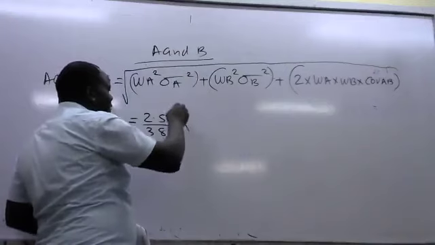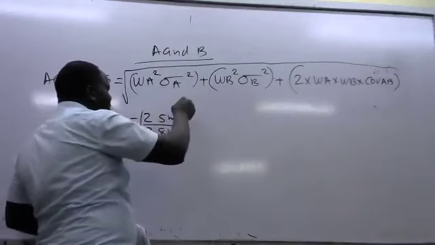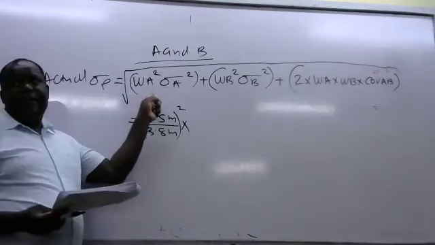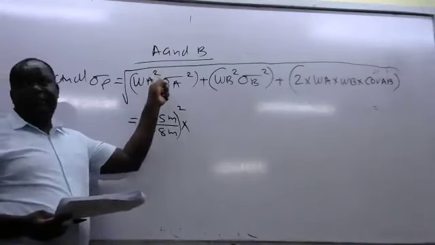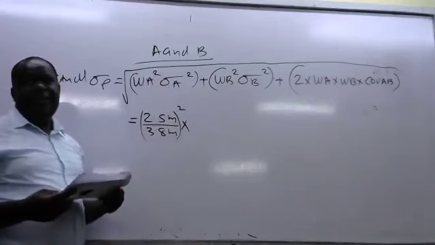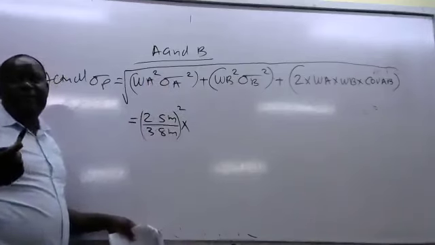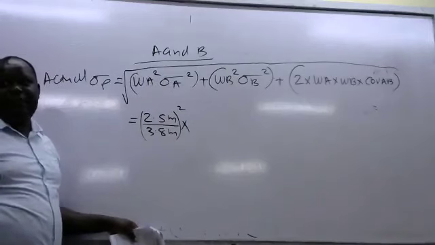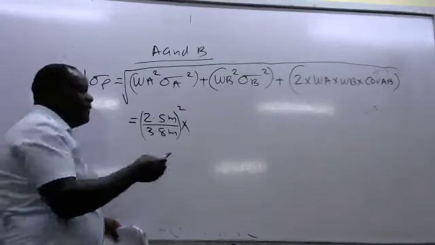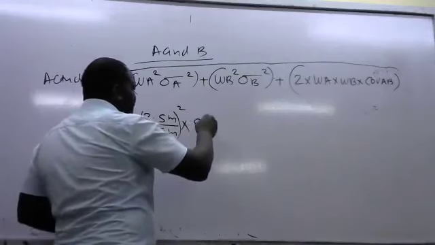And now, that part you square. You see this one? The weight for A squared. So that's why it is also squared. Then you remember the standard deviation for A, 9.35.